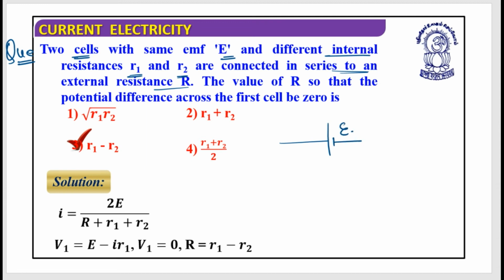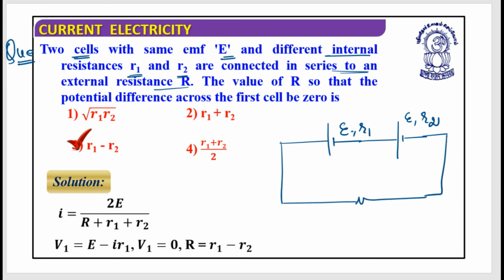It's an E with internal resistance, let's say R1, and another cell with the same EMF but a different internal resistance, R2, connected in series to an external resistance R. Find the value of R so that the potential difference across the first cell is 0. That means V1, the potential difference across the first cell, is to be 0. That is the requirement.